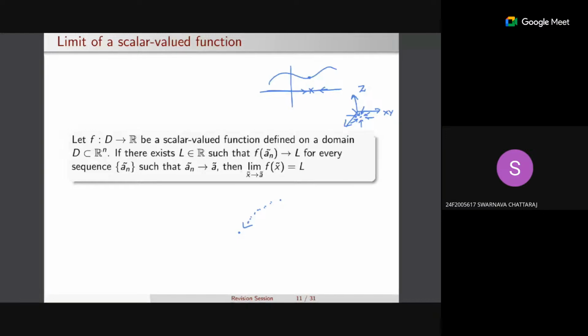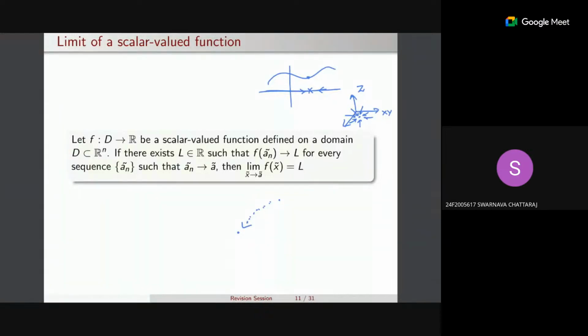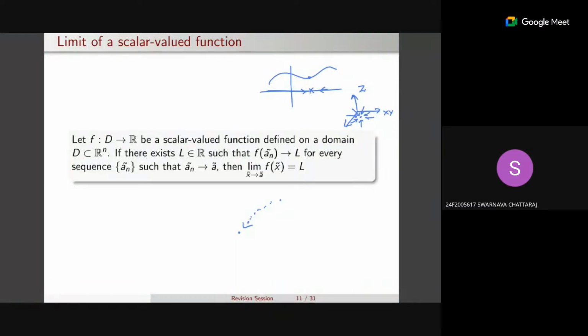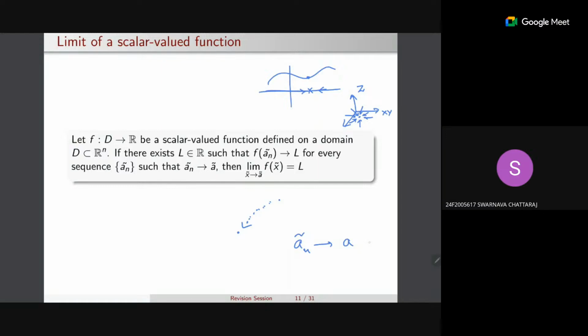Once again, this will be made clear with an example. But the idea is that irrespective of what sequence you take to converge to your input vector, the function value of the corresponding sequence must behave the same. So if a_n tilde goes to a tilde, because these are vectors, right?